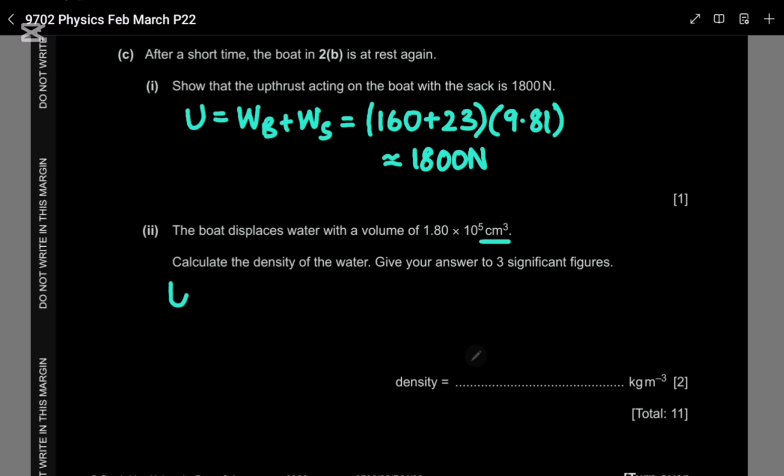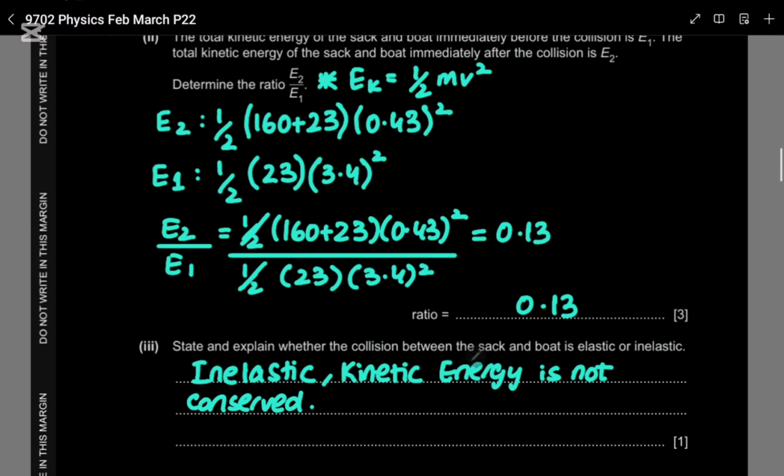Now another equation: upthrust is equal to rho of liquid times V of liquid displaced, they already gave us, times g. So you should know this equation also. Upthrust is 1800 newtons. The density of liquid, what is the density of liquid?